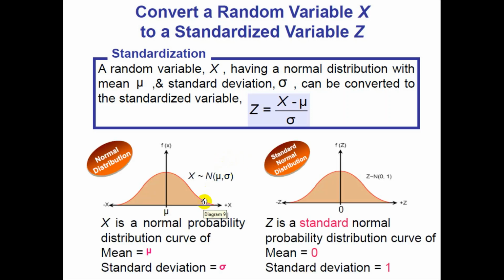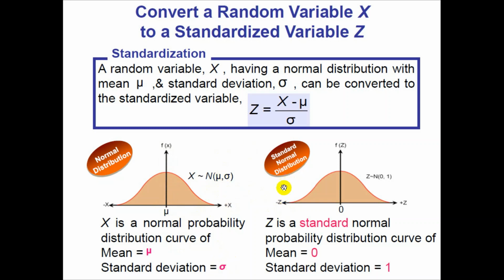Now what we want to do is convert the normal distribution to the standard normal distribution. Why? Because for the normal distribution, we can have any mean value. The center line is the population mean, and the standard deviation is represented by sigma.